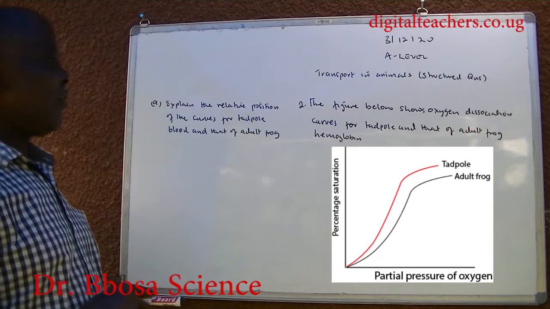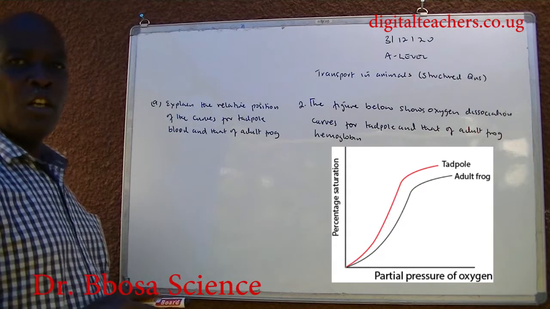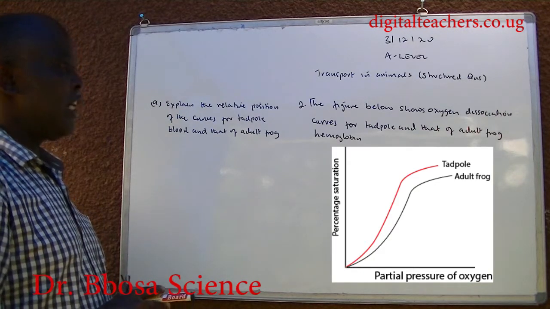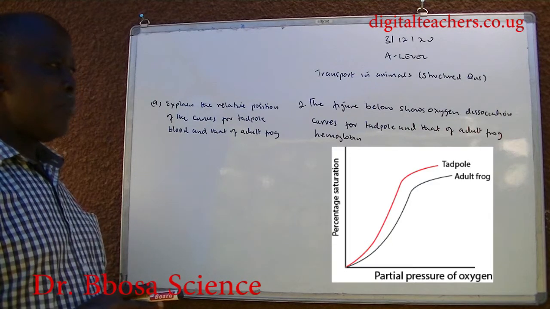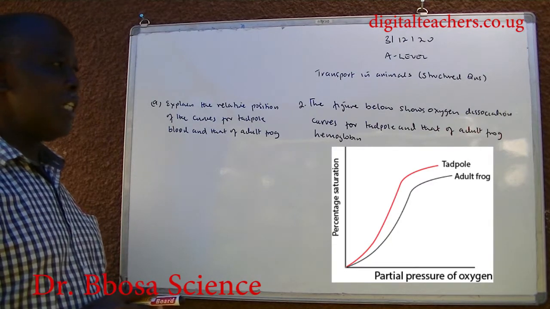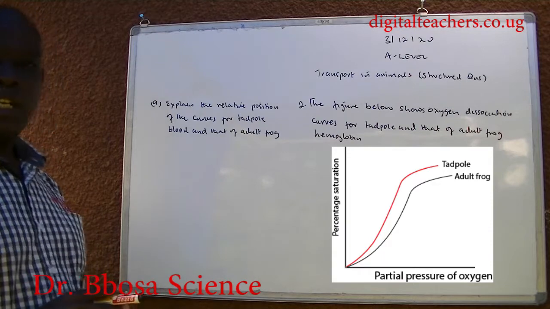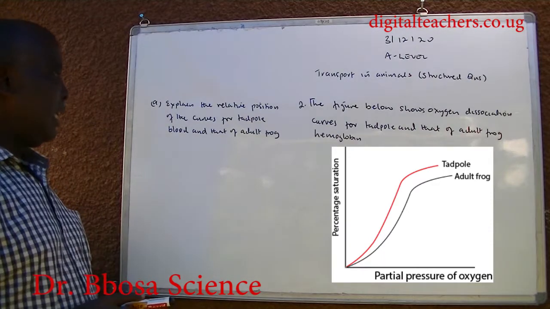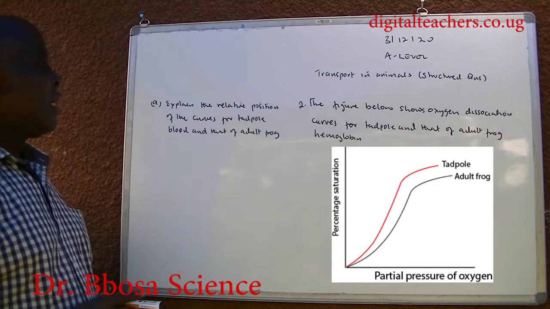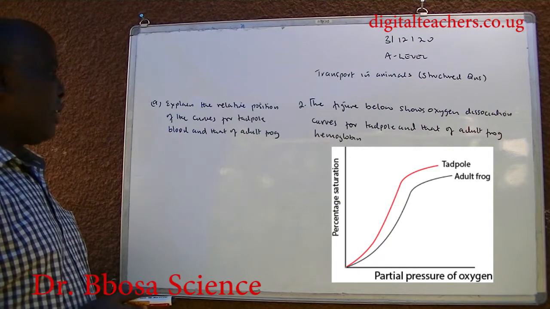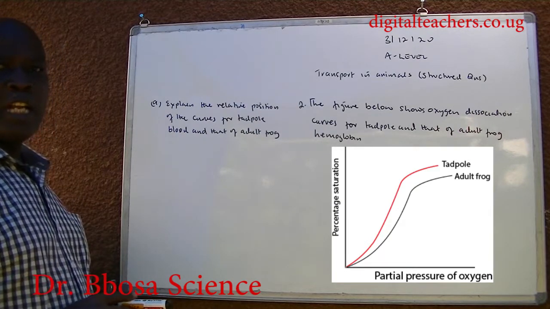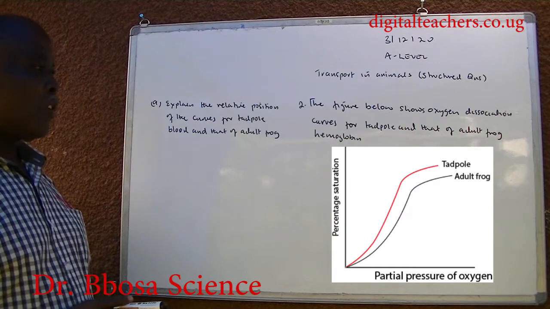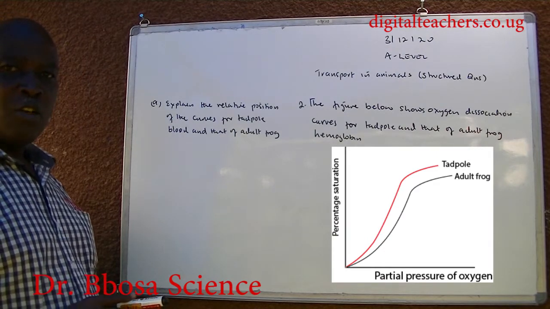Number 2, the figure below shows oxygen dissociation curves for tadpole and that of adult frog hemoglobin. A. Explain the relative positions of the curves for tadpole and that of adult frog.